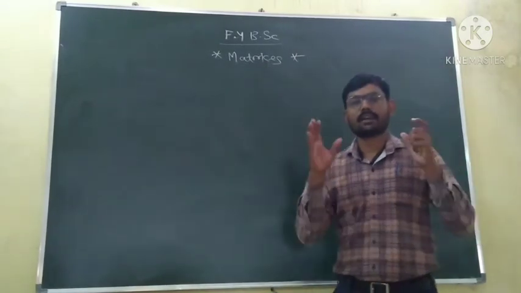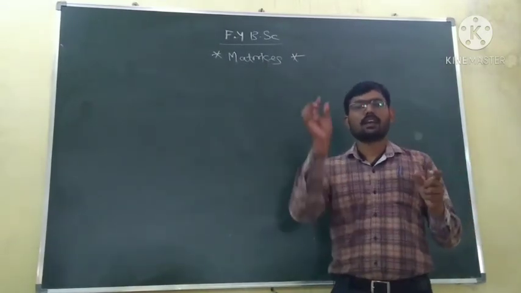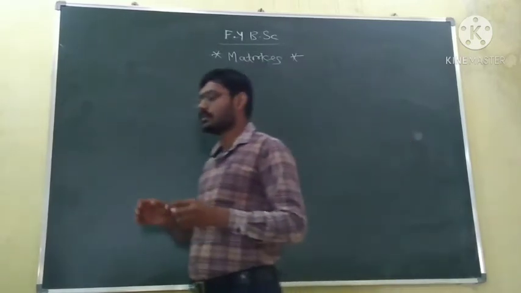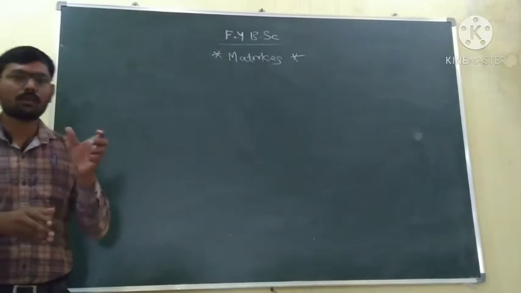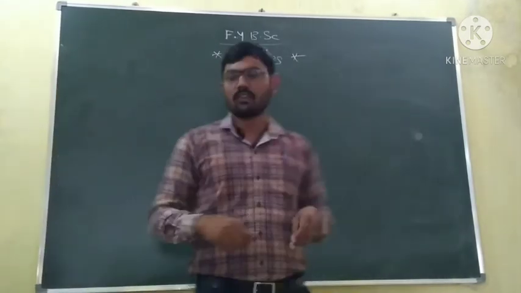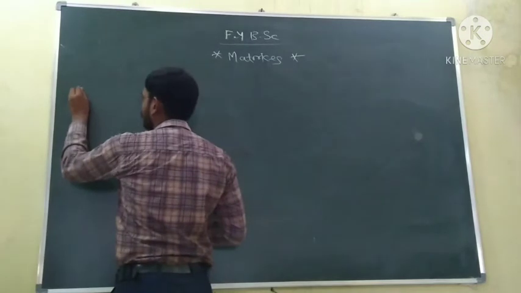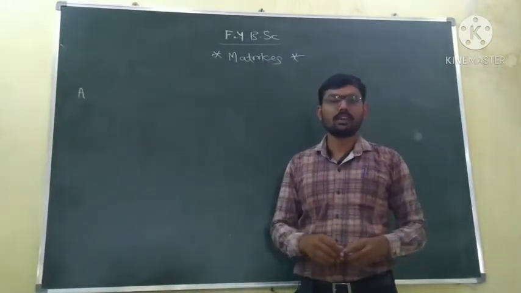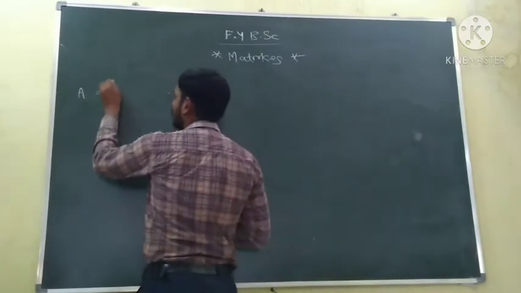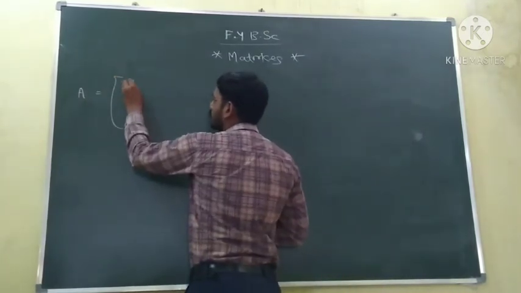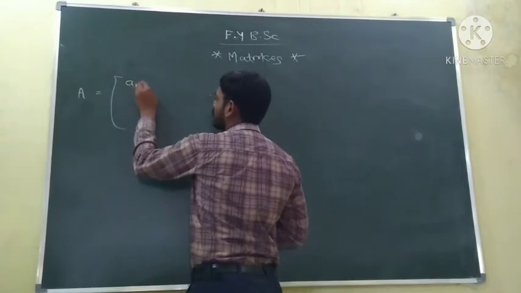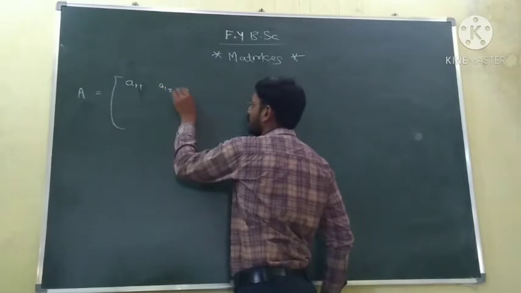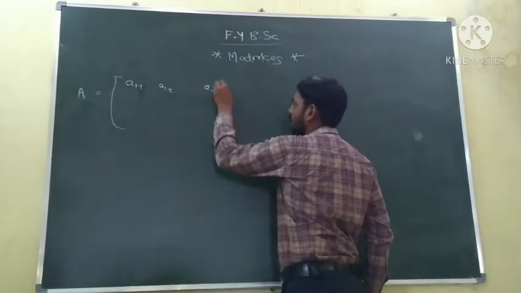We know matrix means there are some rows and some columns. Matrices are nothing but an array which contains some columns and some rows. For example, in general matrices are denoted by capital letters A, B, C, D. Let A be equal to, so this is the first element, we write it as A11, A12, up to A1n.